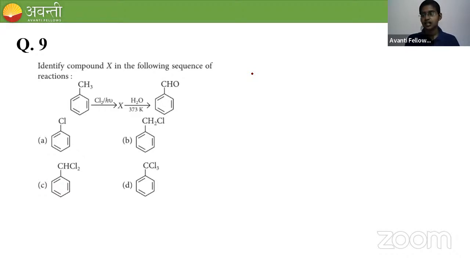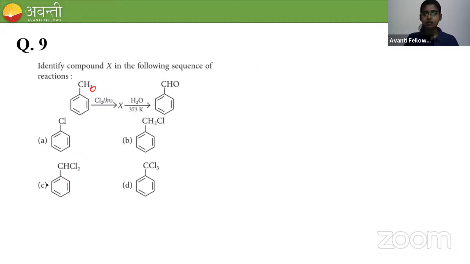Option C is the correct answer for this question. Out of the 3 hydrogens attached to this carbon, only 2 hydrogens will be replaced by chlorine. Yes, option C is the answer. Only 2 hydrogens are replaced by chlorine and we get CHCl2.